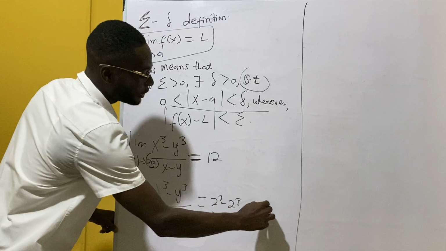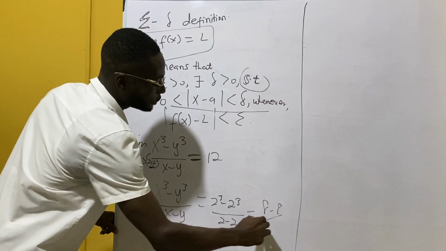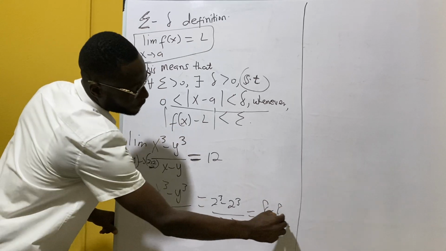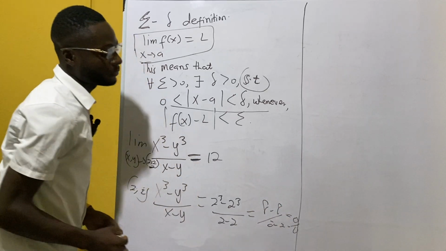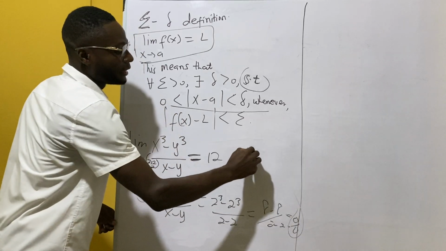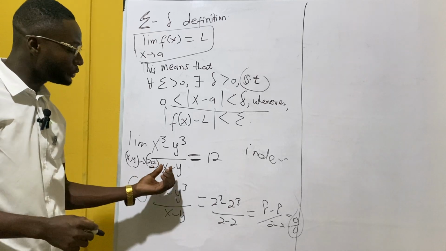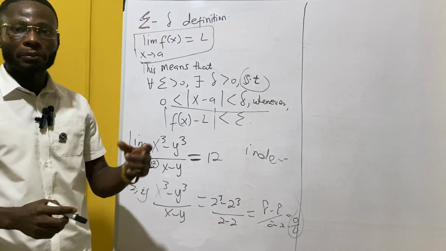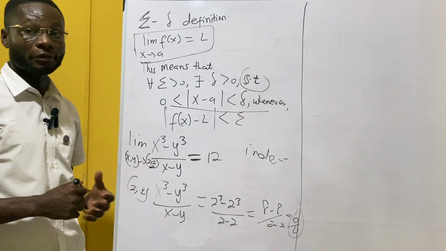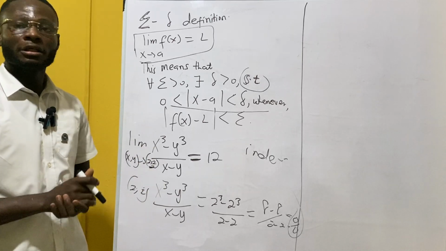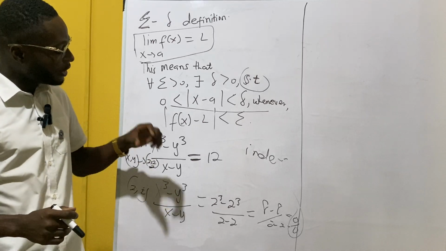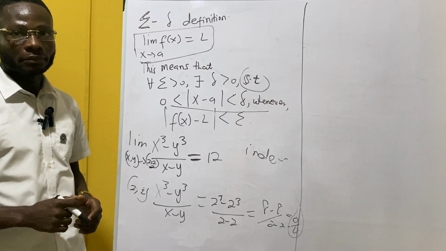We are going to have 8 minus 8 in the numerator and 0 in the denominator, which gives 0 over 0, which is indeterminate. So we have to reduce this rational function to a polynomial function for us to be able to solve the problem, right?